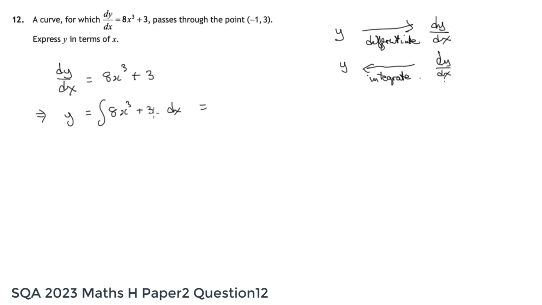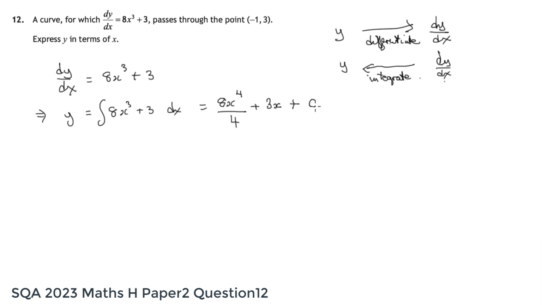And integrating, we increase the power by 1 and divide by that new power. And remember, the 8 is just an audience watching all that happening. 3 becomes 3x. Remember to check that, you can differentiate back. If you differentiate 3x, you get 3. So that is our answer to integrating that expression.